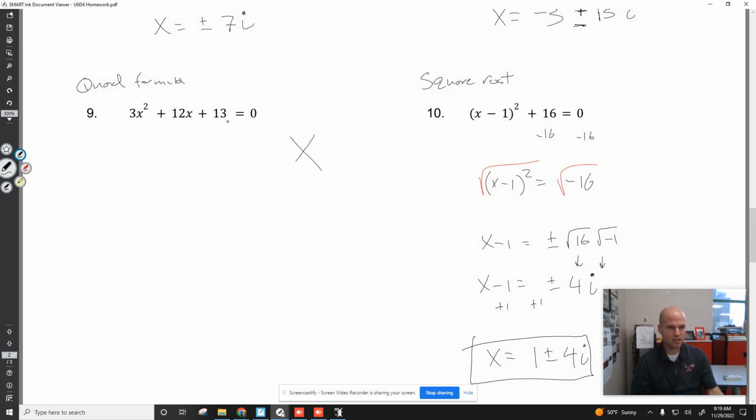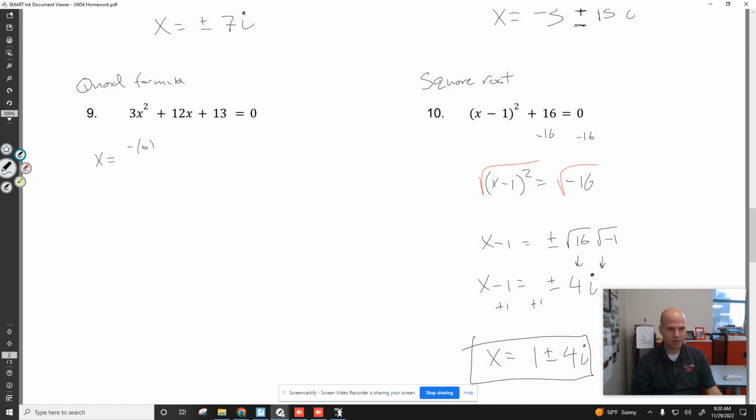A times C is 39. B is 12. Just because we don't have two numbers that multiply to get 39 and add to get 12 doesn't mean there's no solutions, okay? This is where the quadratic formula is actually crucial in knowing whether or not truly there are no real solutions, or two imaginary solutions. So let's use the quadratic formula here instead.